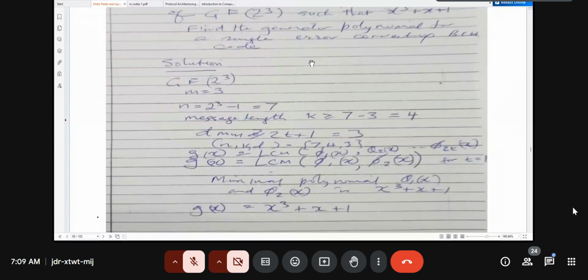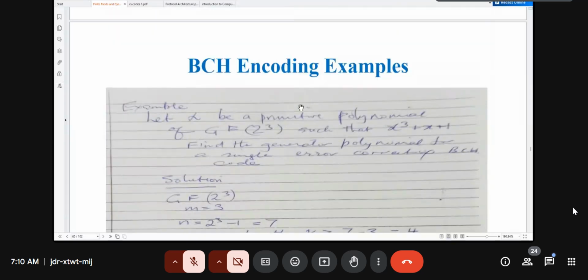And we found the case where you want to correct single bit errors with BCH codes, because we are doing binary codes here. Remember, we have binary BCH codes and non-binary. What we are going to look at next is the non-binary BCH codes.